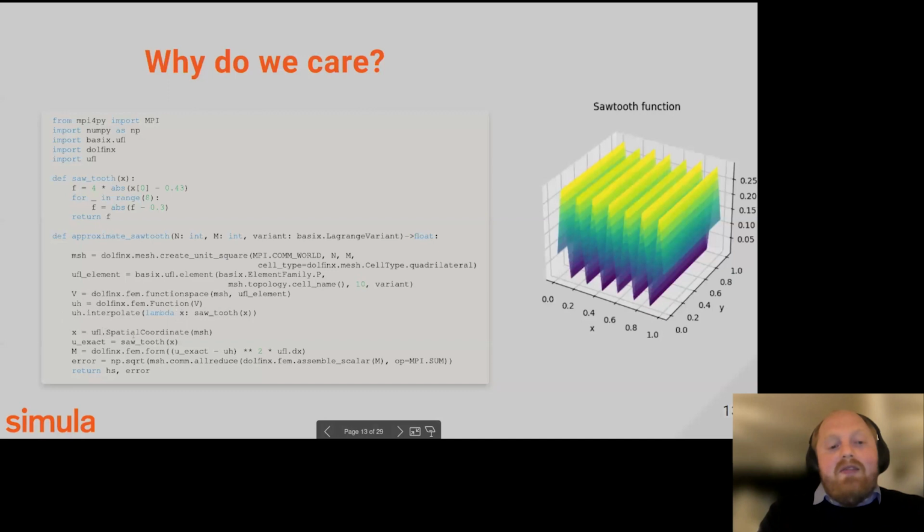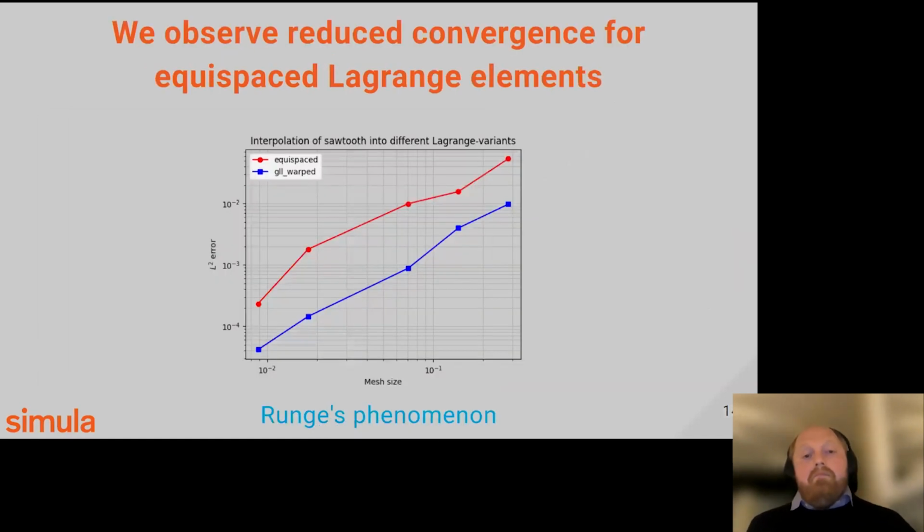We can then compare to the exact solution by creating a symbolic expression that will be evaluated at quadrature points, and we can look at the error. So if you look at the error for these two, you see that the equispaced approximation, which is the approximation most people see, you get a way poorer estimate when you reduce the mesh size.